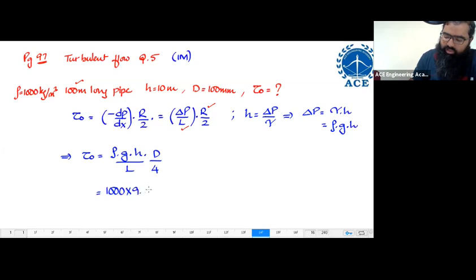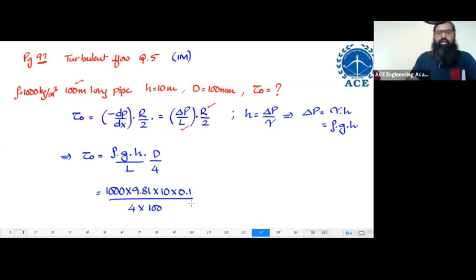1000 into 9.81 into head loss, which is 10. Diameter is 0.1 meter, divided by 4 times length, which is 100 meters. You can calculate this value.